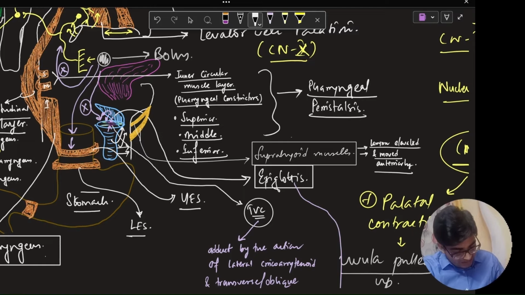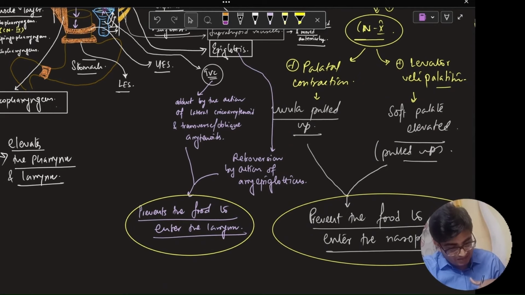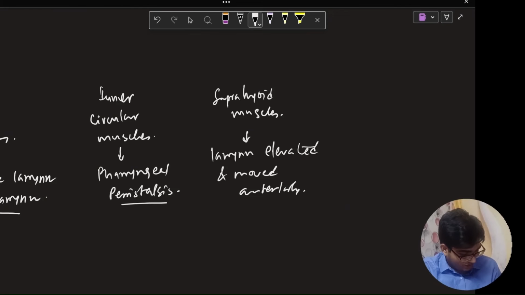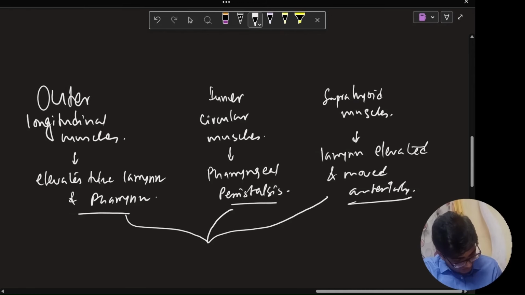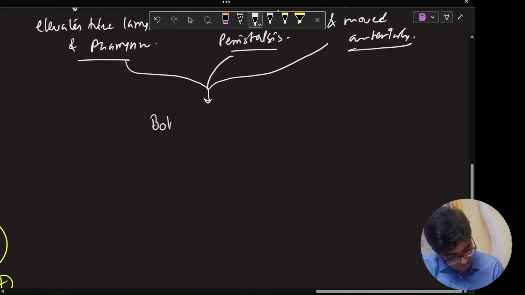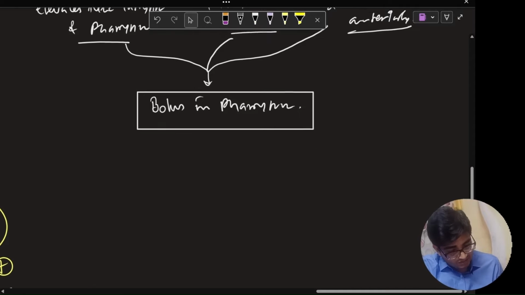So the action of all these muscles causes the bolus to go into the pharynx. So obviously, all of them together are causing the bolus to reach the pharynx from the mouth. Correct?